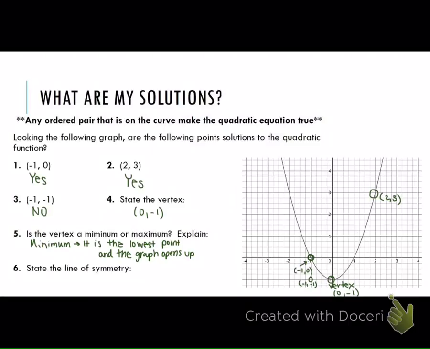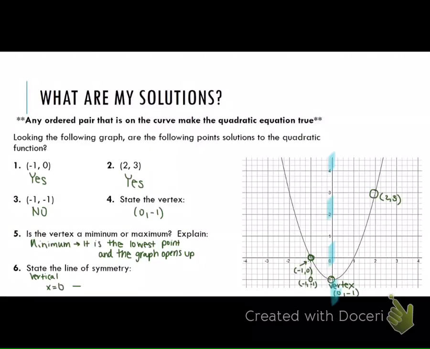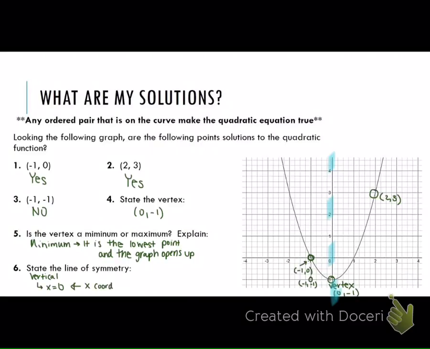They're one number and they're always what? Y or X? X. So we know our line of symmetry is a vertical line, so it needs to be x equals the equation, and it goes through the vertex, so what does x equal? What's the x coordinate of the vertex? 0. So x equals 0 because it is the x coordinate of the vertex.